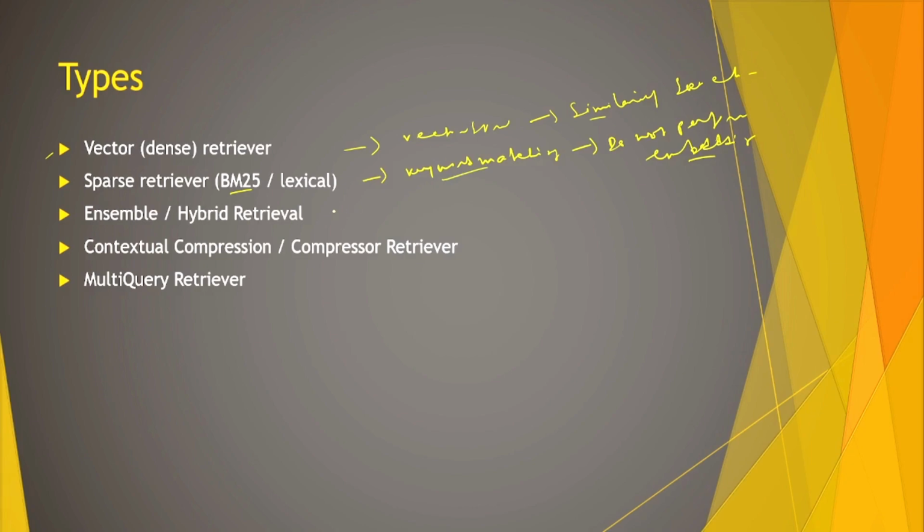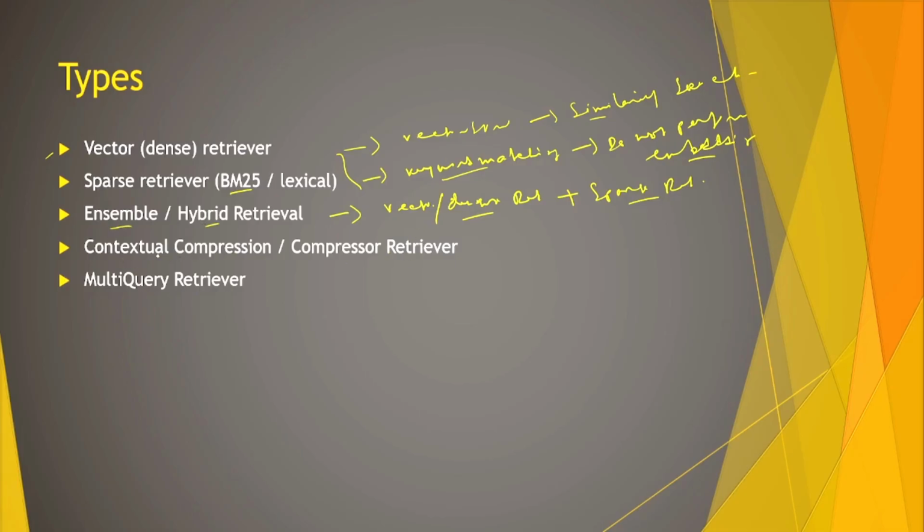The third one is ensemble or hybrid retrieval. Here we perform both: we can run a vector or dense retriever along with a sparse retriever, so both retrievers run in parallel in ensemble or hybrid retrieval.